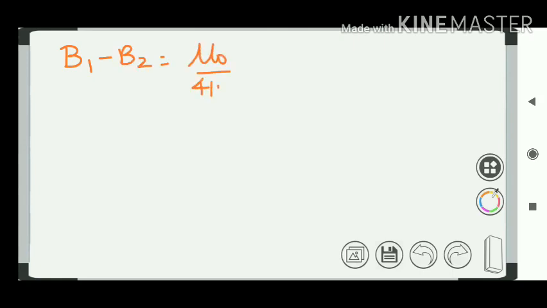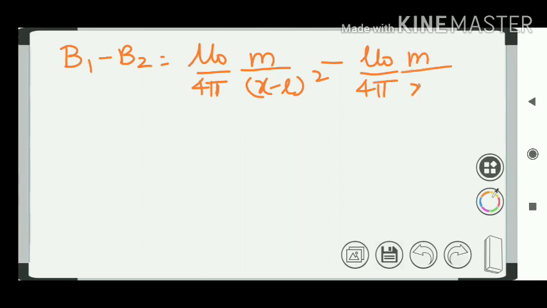Mu 0 by 4 pi M divided by the initial B1 section was how much? X minus L whole square, right? Minus mu 0 by 4 pi M divided by X plus L whole square, right? Now find the difference, guys. Out of this, something is common. Mu 0 by 4 pi M is common.